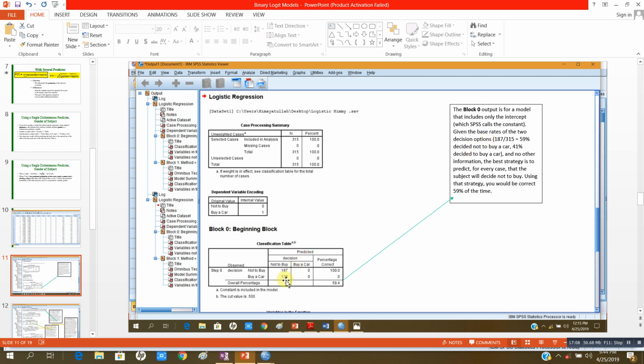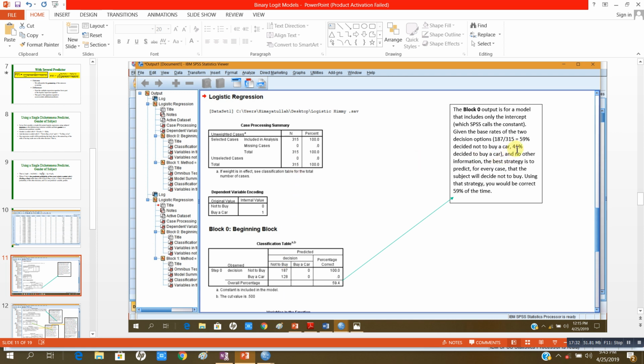So 187 divided by 315 is equal to 59%. So it means that 59% decided not to buy a car, and 128 divided by 315 is equal to 41%, and it means they decided to buy a car, and no other information.